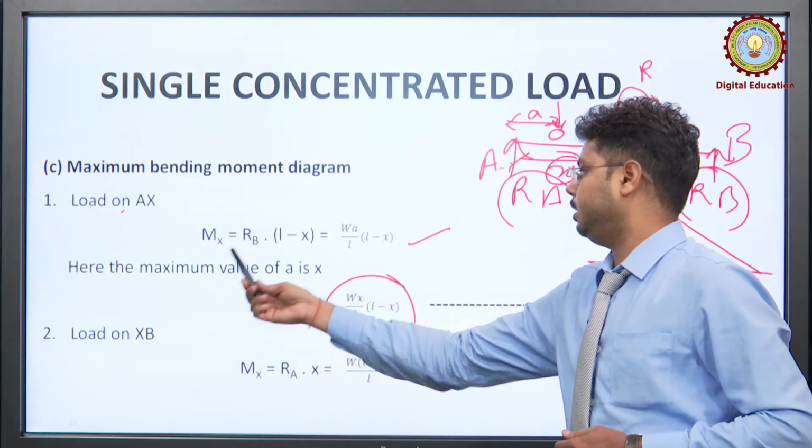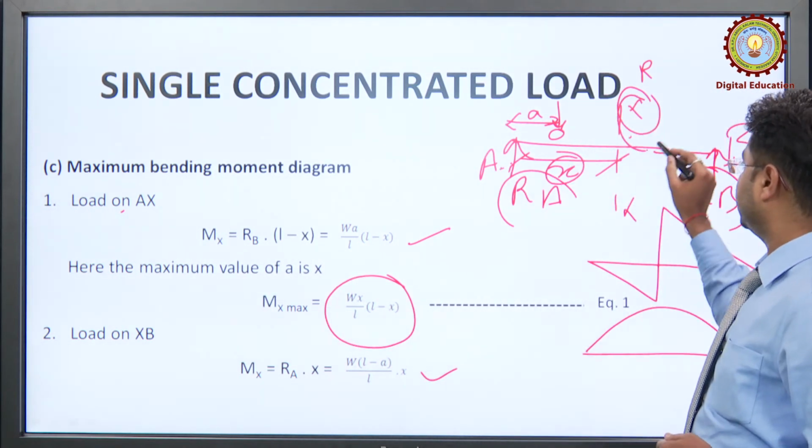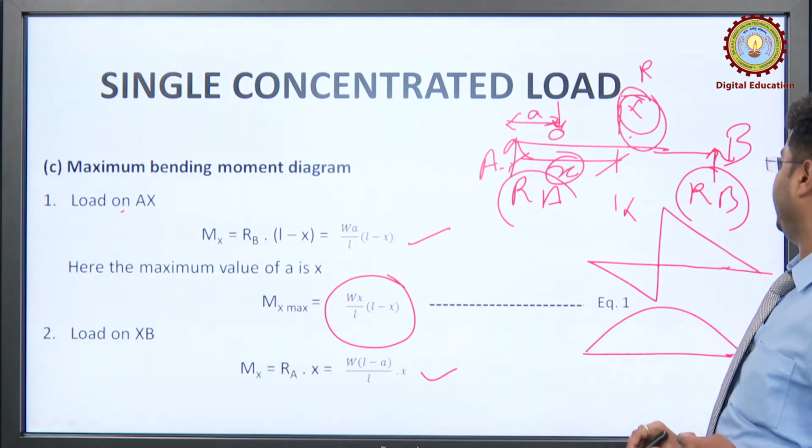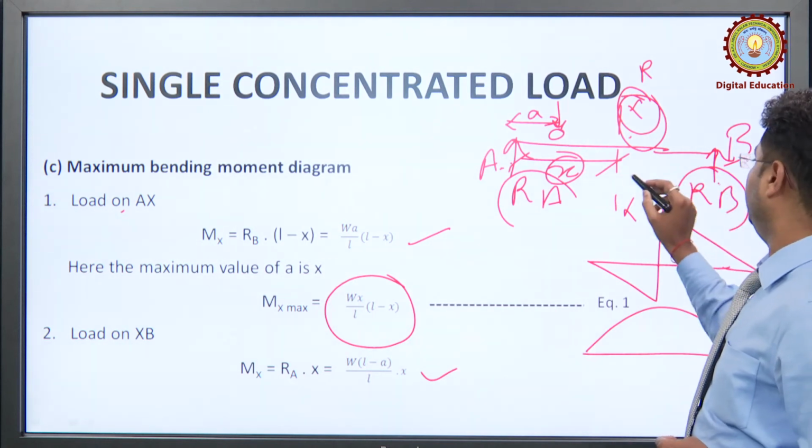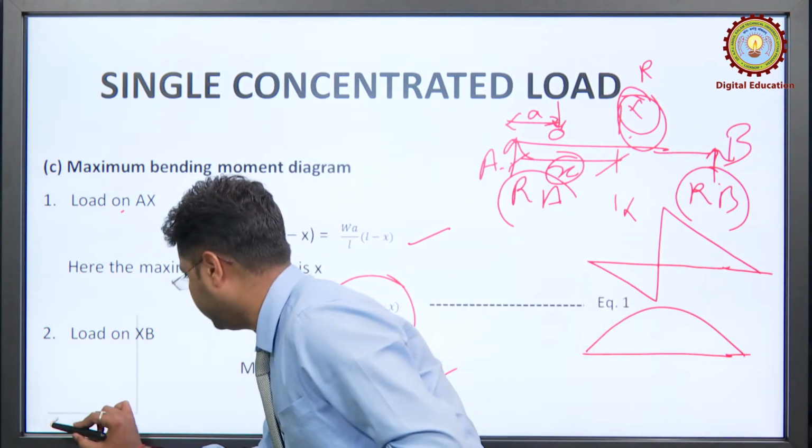The equation will be like that: the moment at X, RB into, wait a minute.